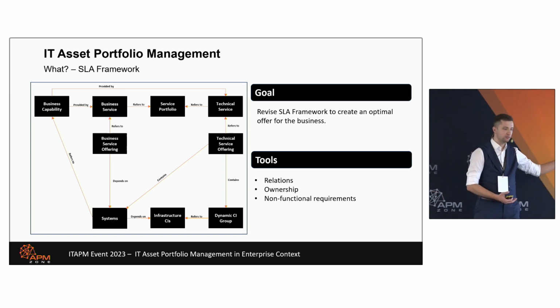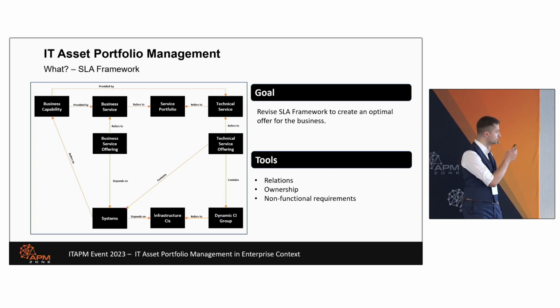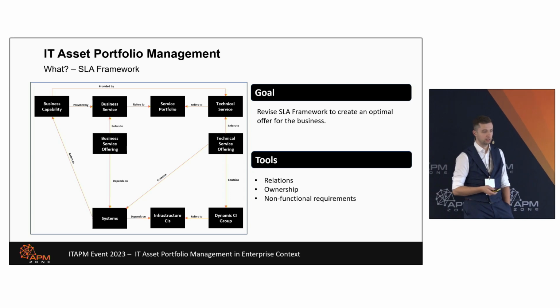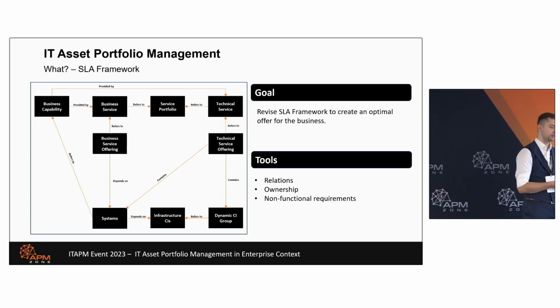But if you cannot figure this out, and you will have a very hard time figuring this out without all these relations and understanding them, because if someone says 5 nines, and you say, of course, then how are you going to figure out what is missing, or if everyone is actually delivering it? That's why the tools mainly here are the relations, ownership, and non-functional requirements.